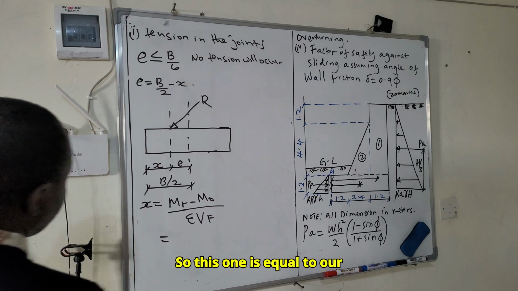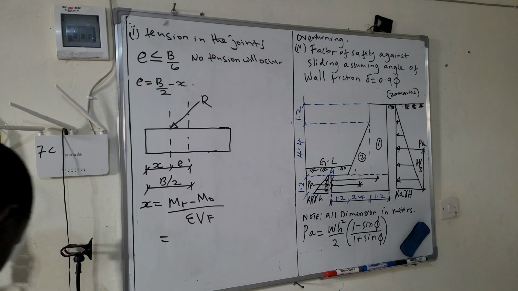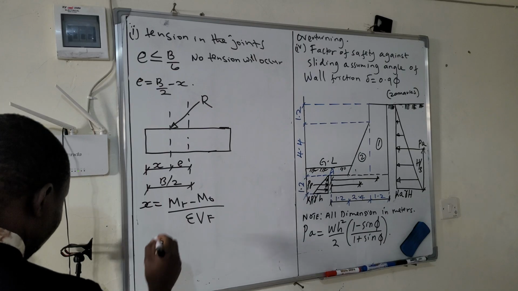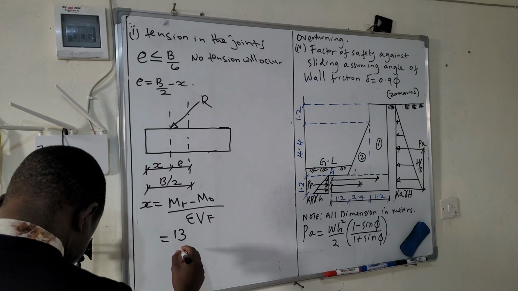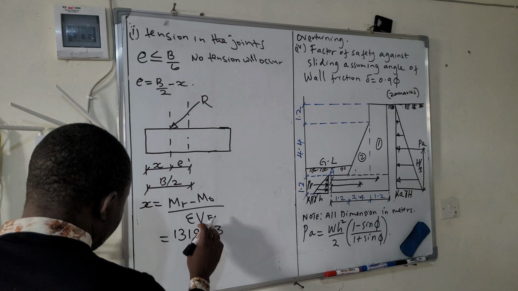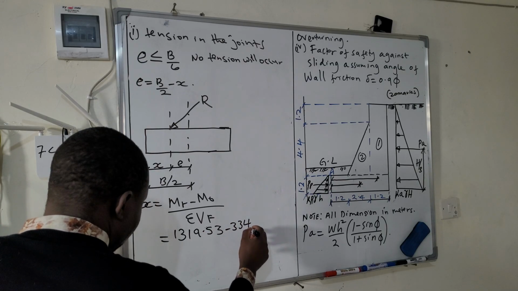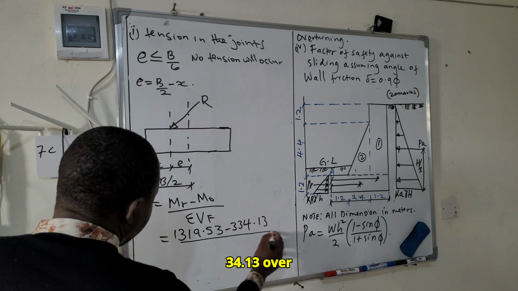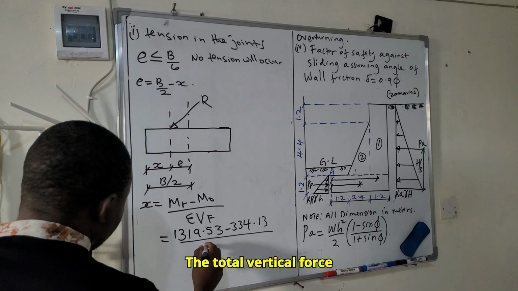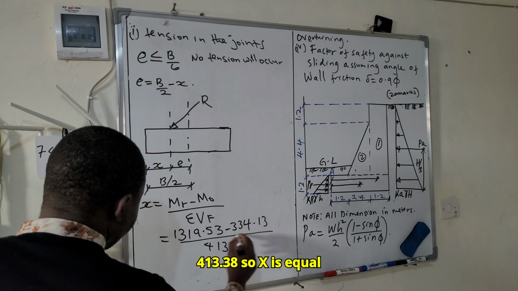So X is equal to our moment of resistance, 1319.53, minus 334.13, over the total vertical force, which is 413.38.